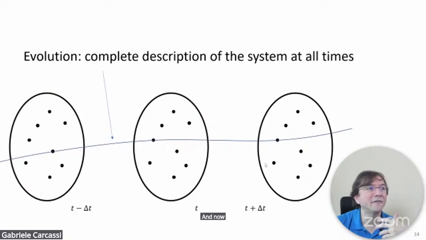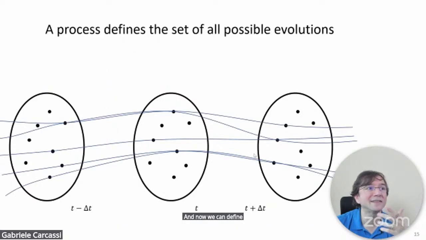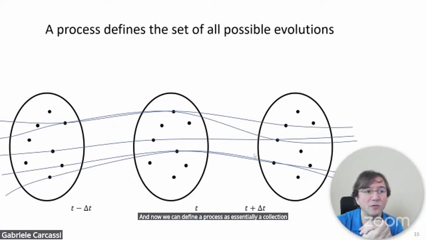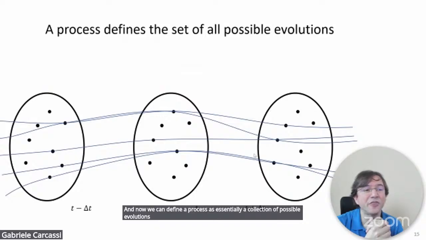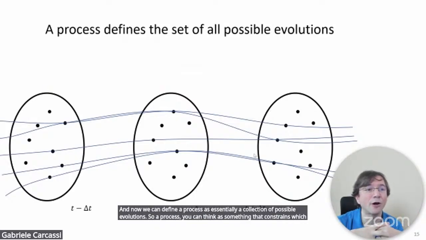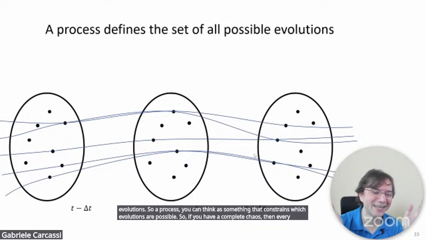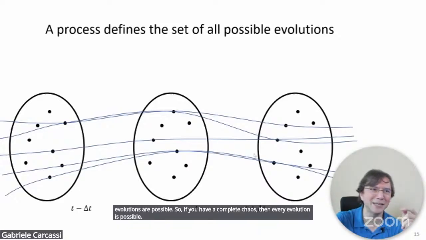And now we can define a process as essentially a collection of possible evolutions. So a process you can think of as something that constrains which evolutions are possible. If you have complete chaos, then every evolution is possible. You can jump from any state to any state at any time.